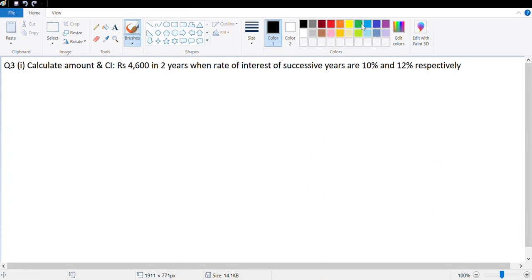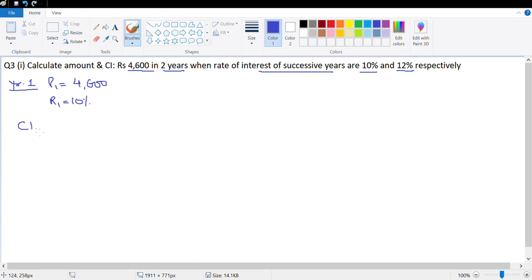The next question that we do is question number 3, part 1. It says, calculate the amount in compound interest 4,600 in 2 years when rate of interest for successive years are 10% and 12%. So now the rate is changing for 2 years. So for year 1, principal 1 is equal to 4,600. Rate 1 is equal to 10%.